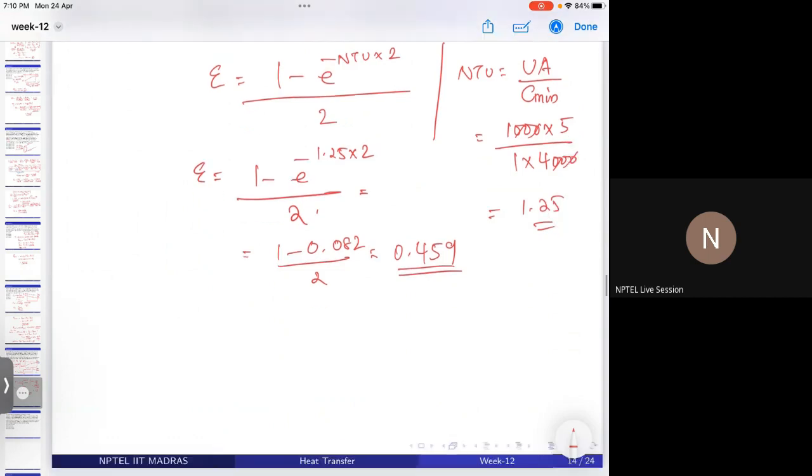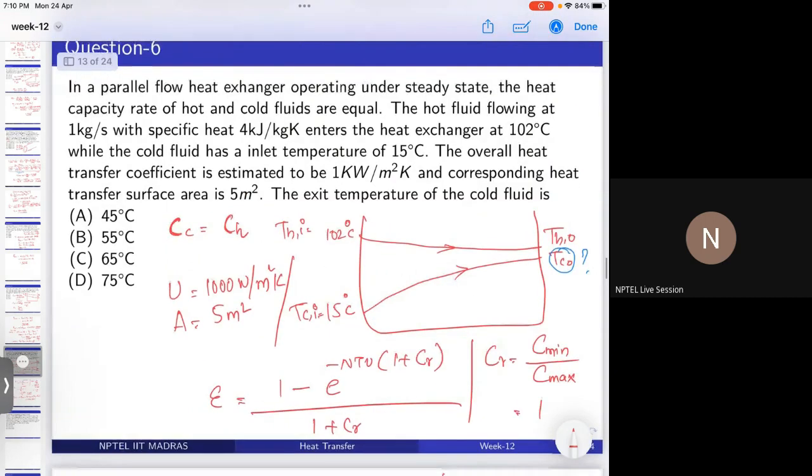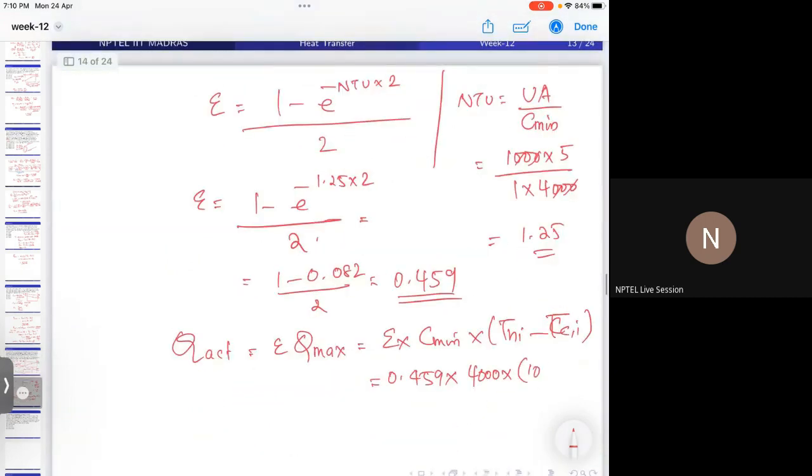So we got the effectiveness. So the actual heat transfer, Q, is effectiveness into Q max, that is effectiveness into C min into THI minus TCI, which is 0.459 into C min, which is 4000, into THI, that is 102 minus 15.